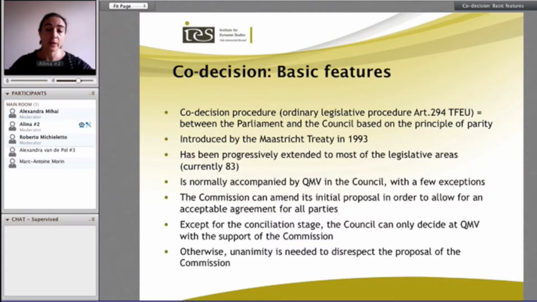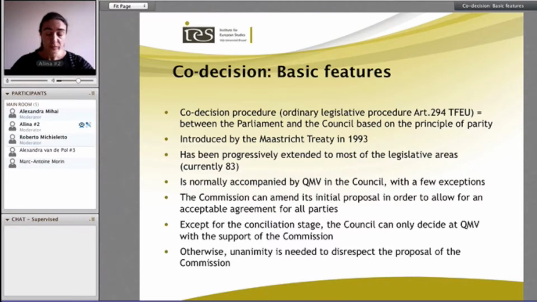And that means also that the Commission has the possibility to force the Council to vote not by qualified majority voting but by unanimity, if it does not endorse amendments that have been proposed by the European Parliament. So this is how the Commission still retains a right of power to remain in the whole picture.